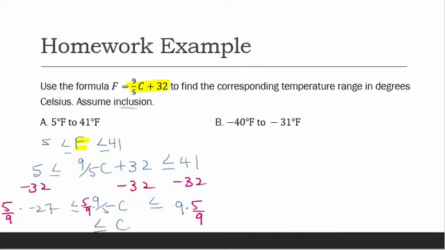Okay, so right now we have C isolated. 5/9 times -27 is -15. And then 5/9 times 9 is just 5. And so we get that C is between -15 and 5, inclusive. Now, in interval notation, that'll be bracket, -15, comma 5.